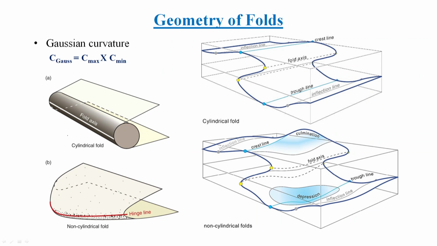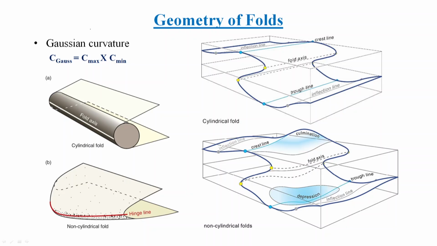Then you have another important component, that is Gaussian curvature. The Gaussian curvature of a fold is the maximum curvature multiplied by the minimum curvature. If it is 0, then I can treat it as a cylindrical fold. Any other number means it is a non-cylindrical one. The difference is that a cylindrical fold has a straight fold axis, while a non-cylindrical one has a curved fold axis.